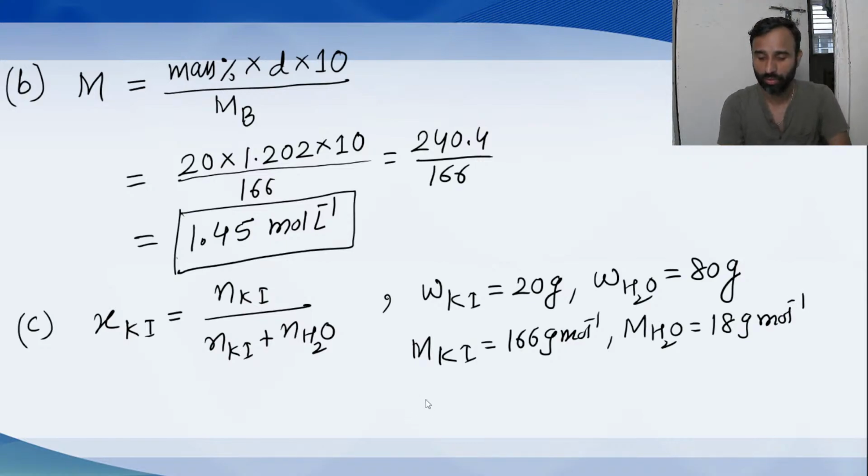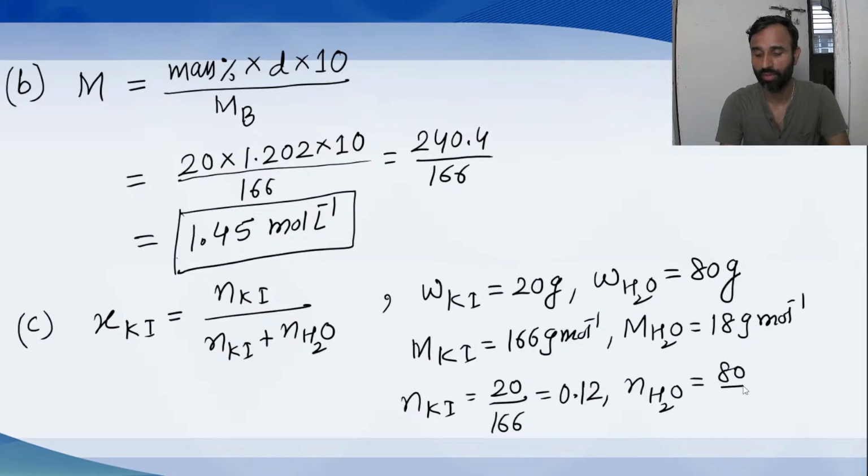Okay. So from here, number of moles of KI is 20 over 166. That is 0.12. And number of moles of H2O, that is 80 over 18. That is 4.44.